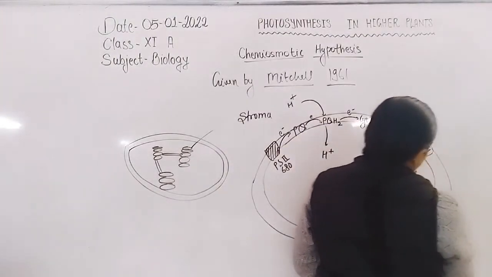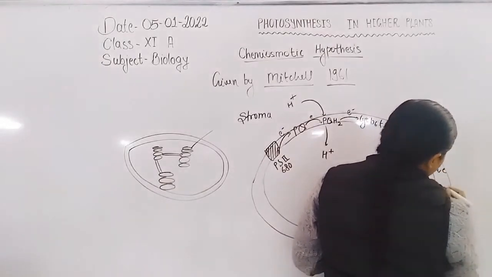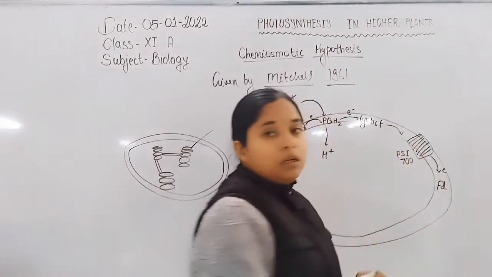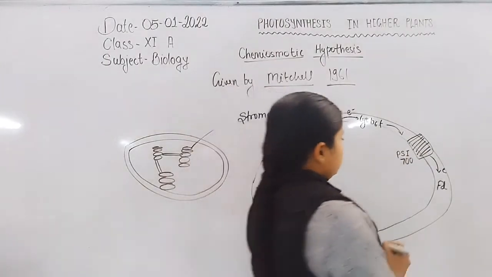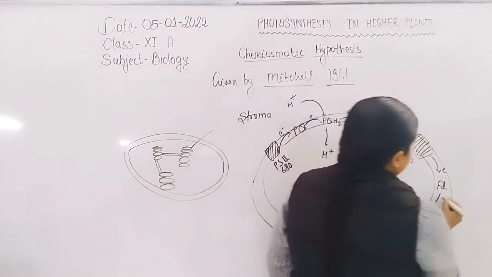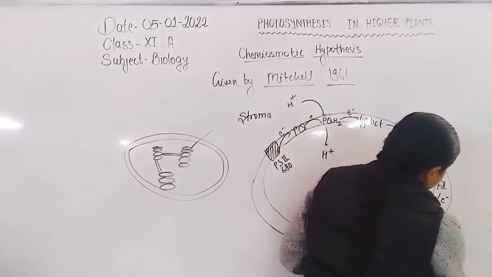Photosystem first transfers electrons to ferredoxin, the electron acceptor. Ferredoxin transfers the electron to NADP reductase.